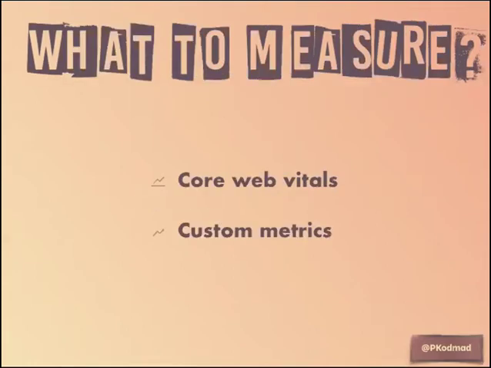So to measure, people usually follow whatever Google puts out in this space. And the latest thing that they put out, I feel, is the most comprehensive kind of measuring guide to this. They call it Core Web Vitals.